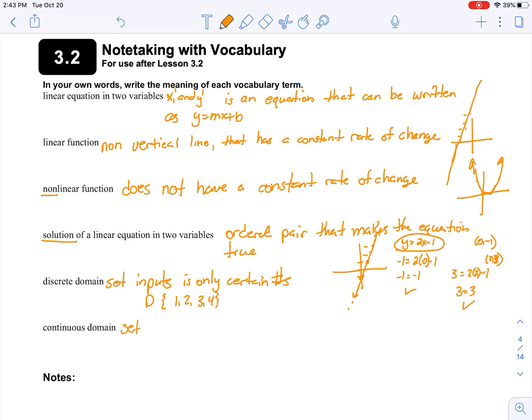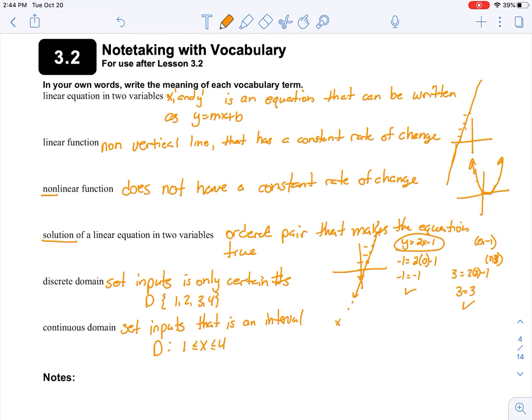Whereas a continuous domain is the set of inputs that is an interval. So I could have the domain be anywhere from 1 is less than or equal to x, which is less than or equal to 4. So those two are very similar in nature.